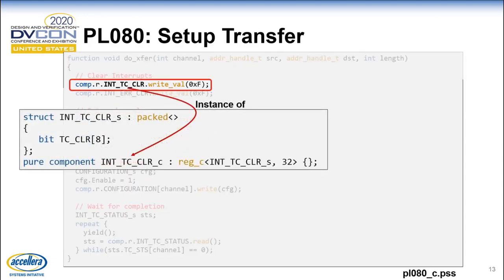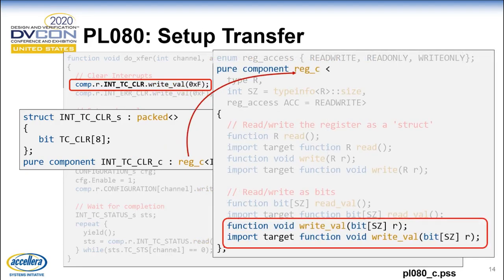If you see some of these register definitions, it would look something like this. You can see here that there is a struct which captures the type of the value that can go inside the register, and that is used as a parameter here. And TCCLR is really an instance of this component, but you can see there is a function called writeVal that's getting called.